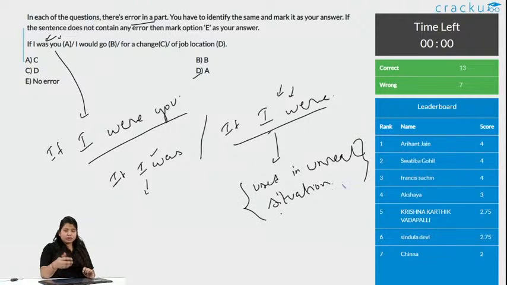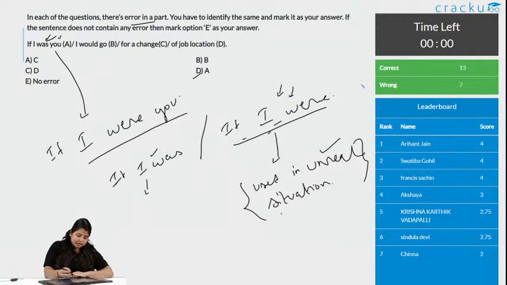So if you correct this sentence, it is if I were you. Why is this unreal? Can I be you? No, I can be one among you, but I will have my own identity. I can't be you. So for an unreal situation, what we use is if I were you. So the correct answer is if I were you, I would go for a change of job location.